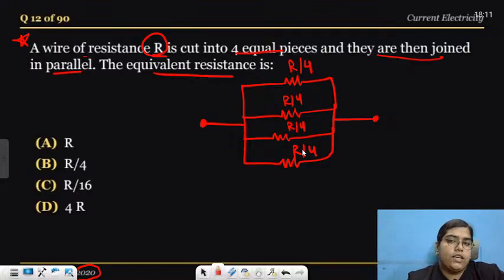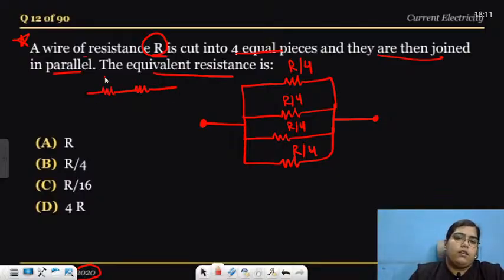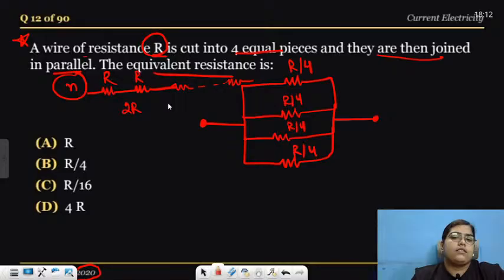Yesterday I also shared a short trick, a shortcut. If I have two resistors, each with resistance R, connected in series, the total resistance will be 2R, R plus R. Now I generalize this. If I have n such resistors, then my resistance becomes n times R in series.